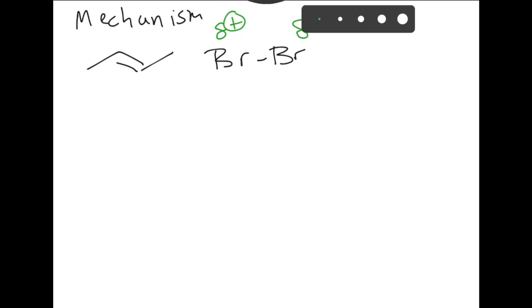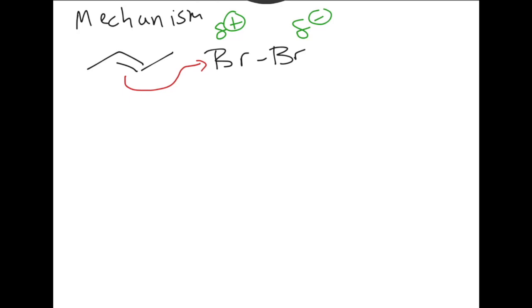All right. So we're going to do the same kind of thing that we did with our hydrogen and our bromine. Our double bond is going to add to the positively charged halogen and push electrons over. But what happens here is one of the lone pairs from the bromine that you're adding to simultaneously adds back to the double bond.